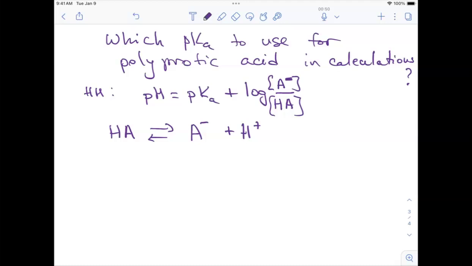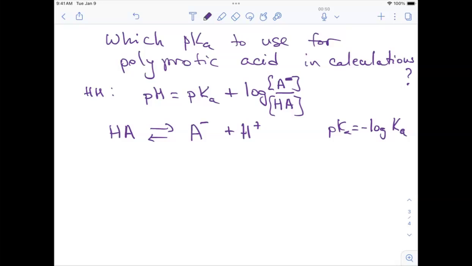So our pKa is the acid dissociation constant for this kind of equilibrium, but in a log form, right? So if you remember, pKa equals the negative log of Ka, where Ka is the acid dissociation constant.